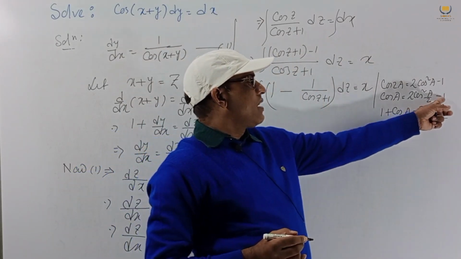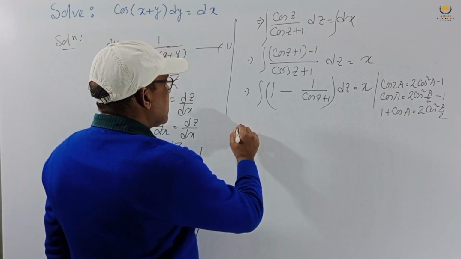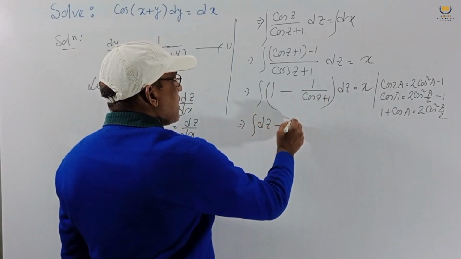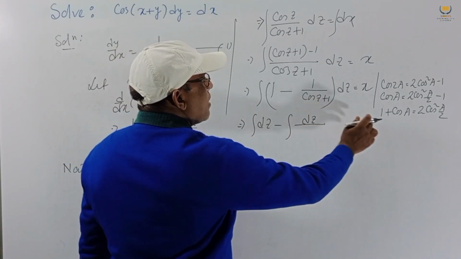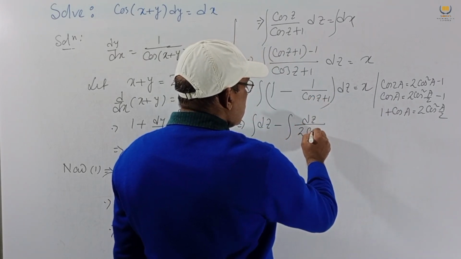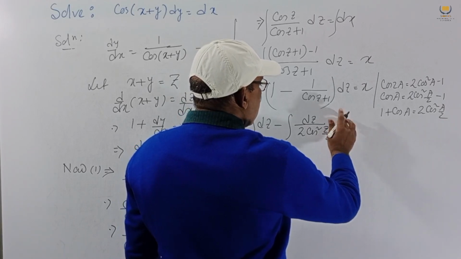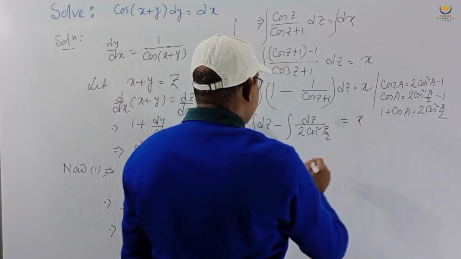So we get integration of 1 dz, and this one dz by 1 plus cos z, 1 plus cos z means 2 cos square z by 2, equal to x we get.